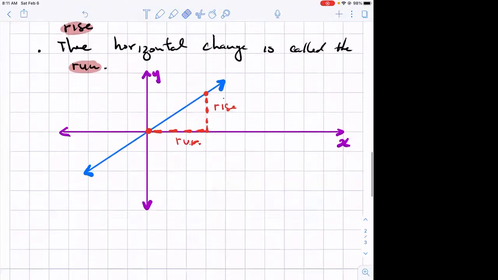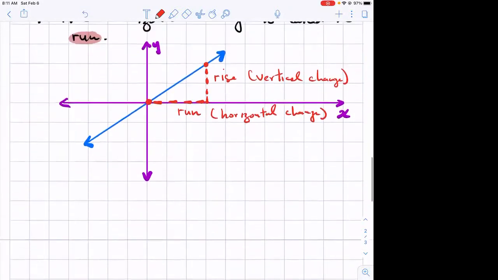So the run is the horizontal change, and the rise is the vertical change. You will see this better if it was on a graph paper scenario, okay?